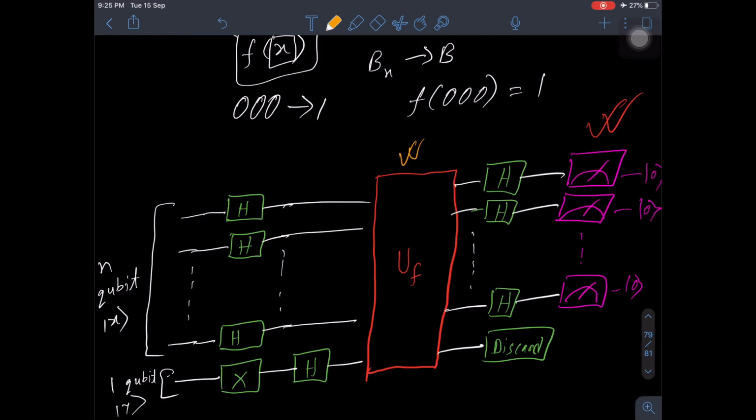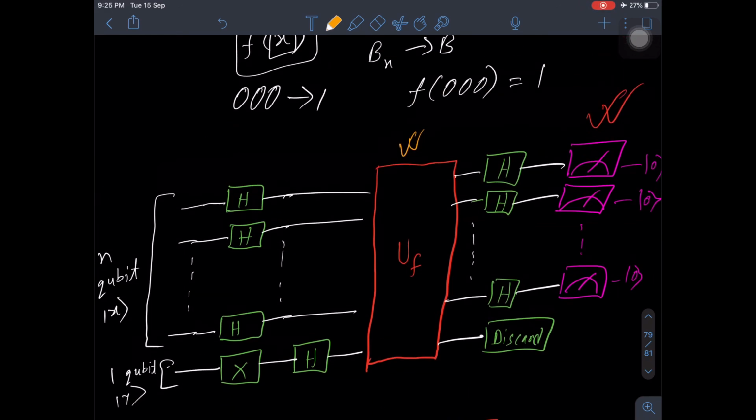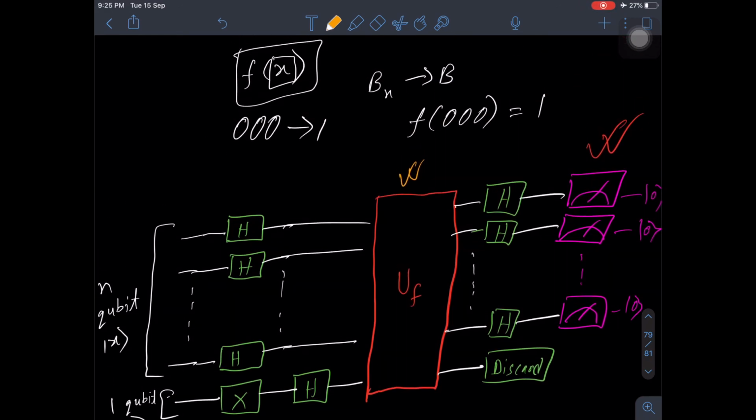Okay, along with that, how many gates did we use? We had n Hadamard gates, plus one Hadamard gate more, one X gate, and then n Hadamard gates again. So in total you have 2n plus 2 gates, and this oracle once, and n measurements. That's it.